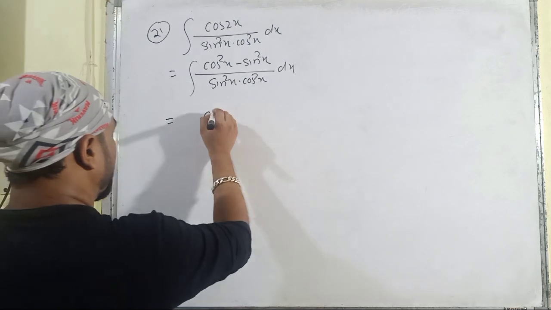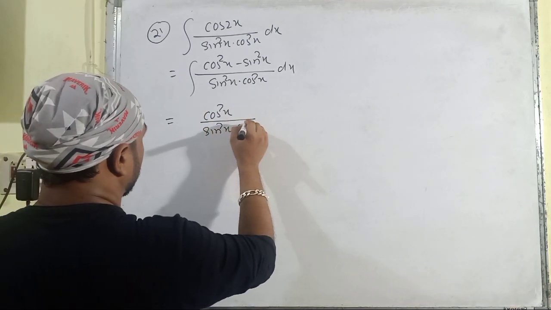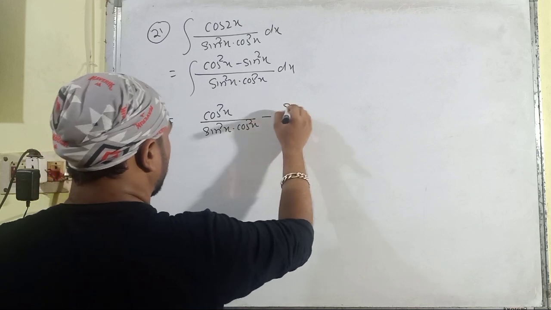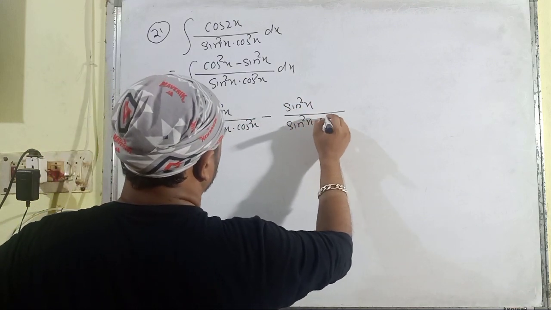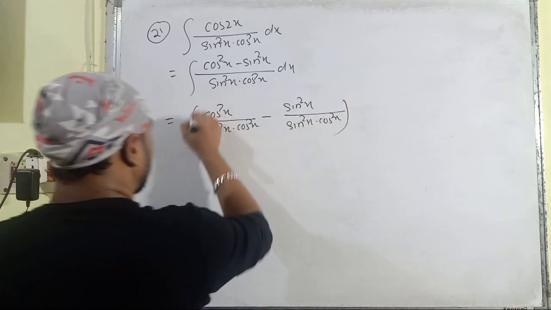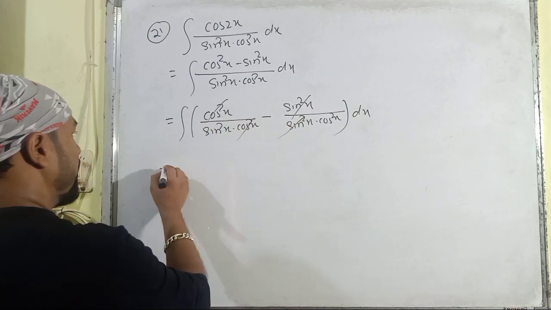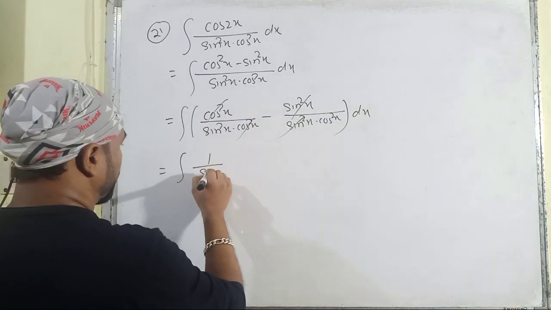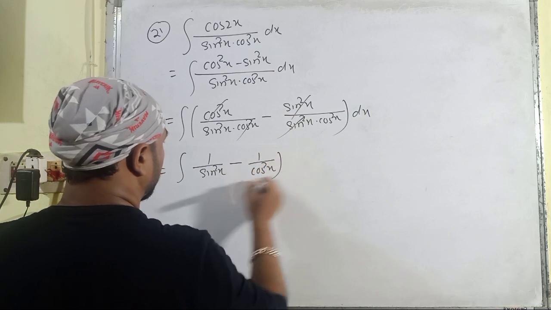So it will be cos square x divided by sin square x into cos square x minus sin square x divided by sin square x multiplied with cos square x. Then just cancelling the common parts here, we have 1 upon sin square x minus 1 upon cos square x.